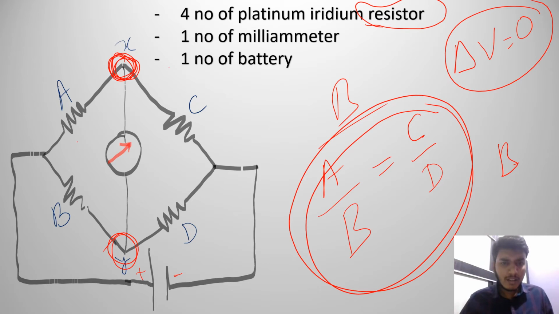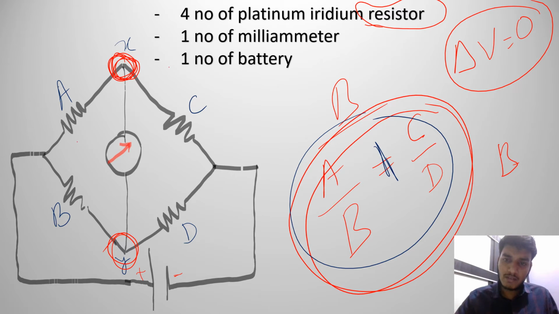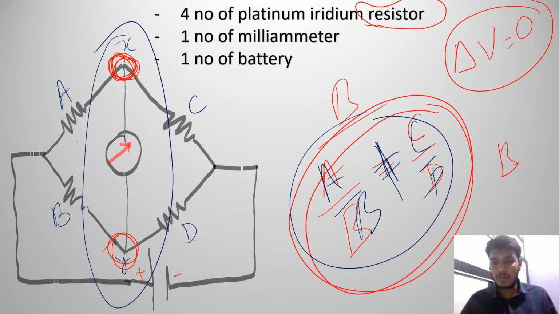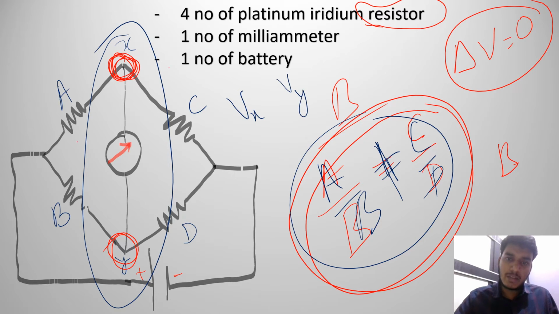Now, let's talk about the unbalanced form. If this equation becomes not equal, that means A by B is not equal to C by D, then in that case a potential difference will be there. Why will there be a potential difference? Because Vx and Vy, that means the potential at X and the potential at Y, will not be equal.